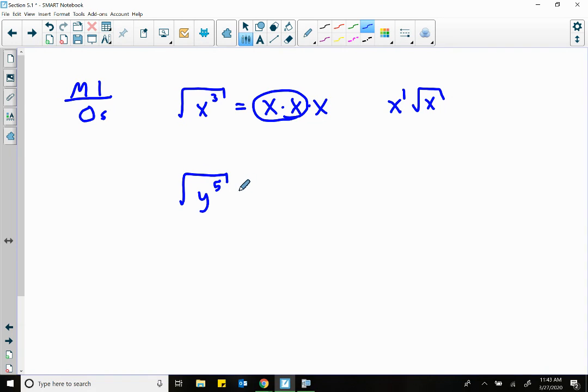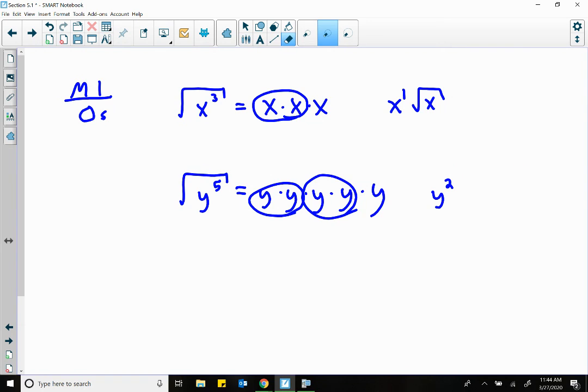Using that same logic, y to the fifth looks like y times y times y times y times y. Again, it's a square root, so only pairs can break out of jail. So, how many pairs of y's broke out? There were 2.